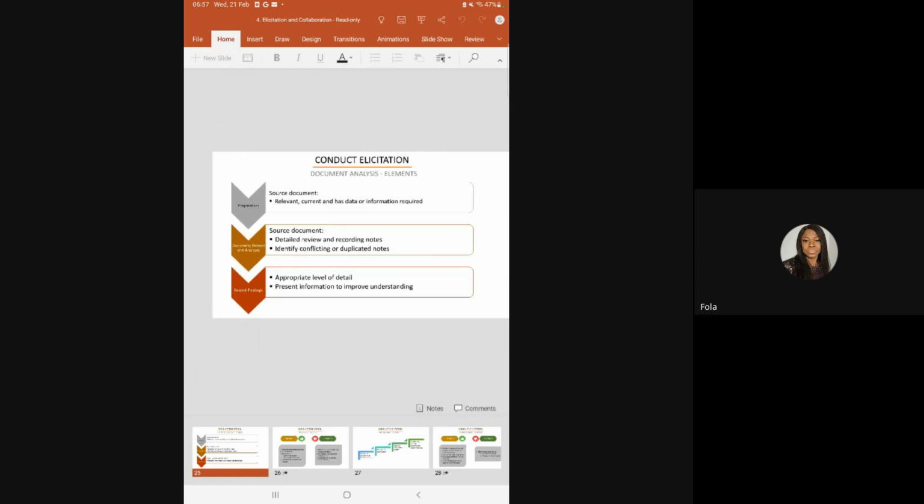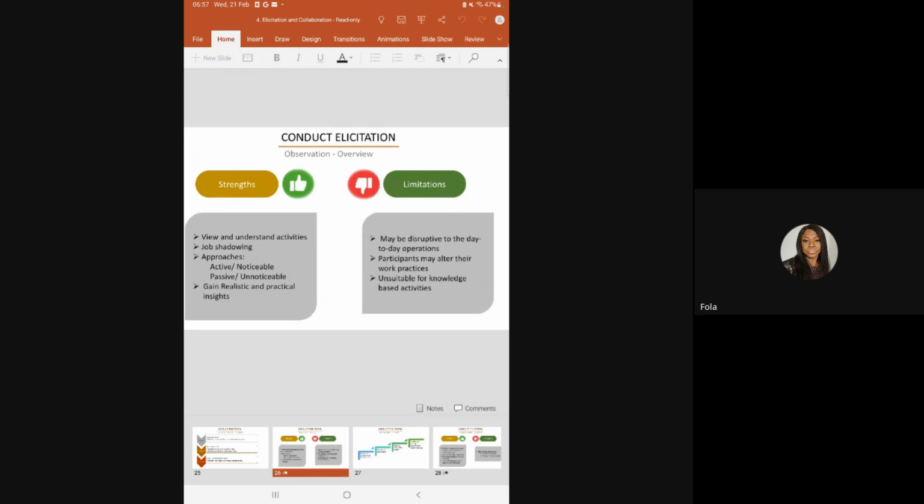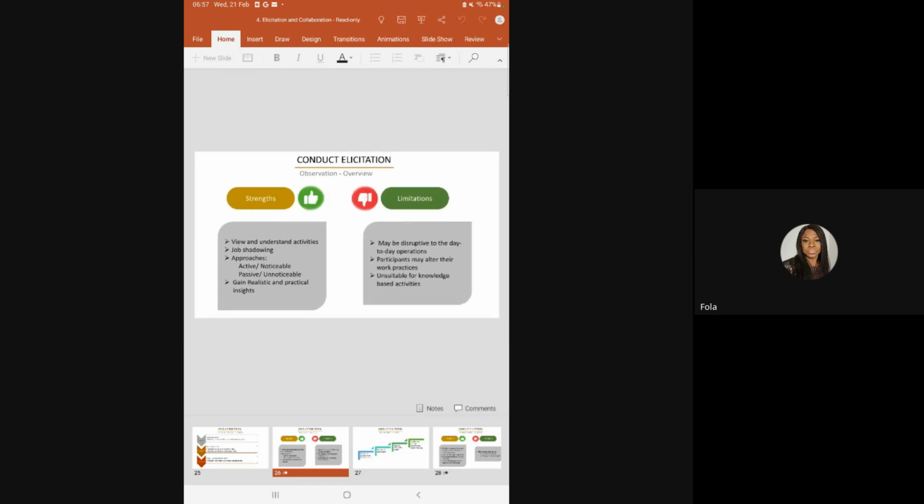Thank you. Let us get into another technique, the observation technique. Each technique has strengths and limitations. Effective observation is very important for understanding any requirement.